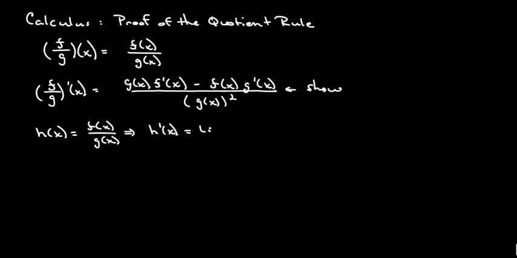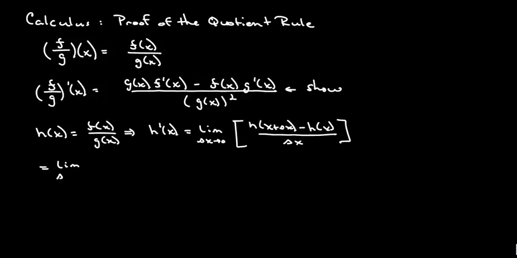Well, that is the limit as delta x goes to 0 of h at x plus delta x minus h at x over delta x. But remember h of x is equal to this. So this is going to be the limit as delta x goes to 0.